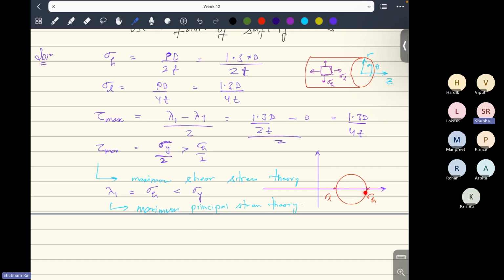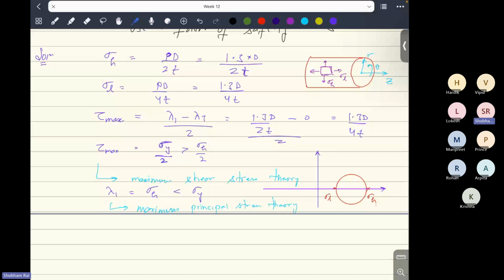It would have been something like sigma h minus sigma l, because sigma l would have been negative and sigma h positive. So sigma h minus sigma l would essentially be the addition of two values, because minus of minus is plus. So you get a value higher than sigma h by 2, right?